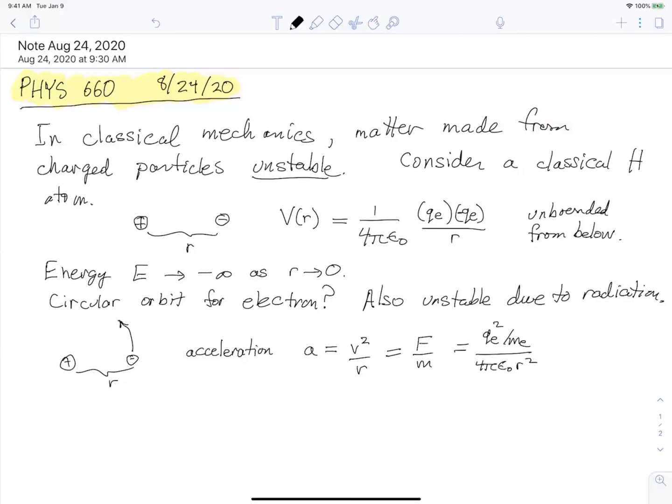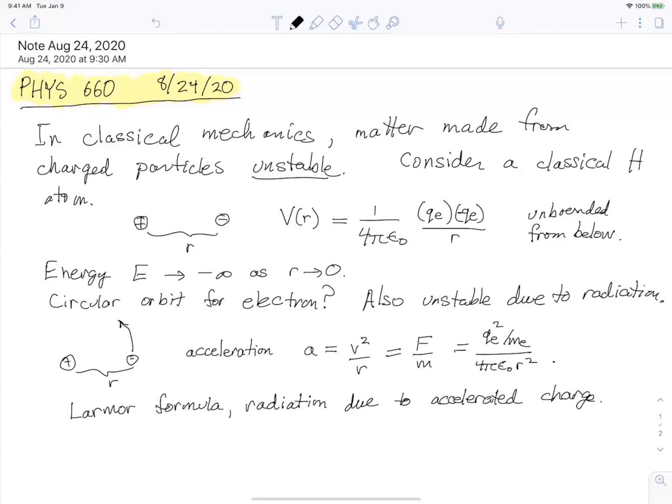Okay, and then we have from classical electromagnetism the fact that you then get radiation. So there's the Larmor formula for radiation due to an accelerated charge. This comes about from Maxwell's equations.